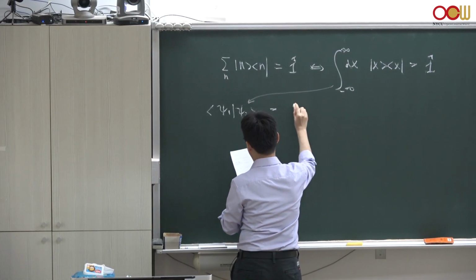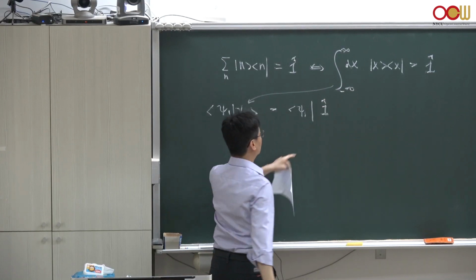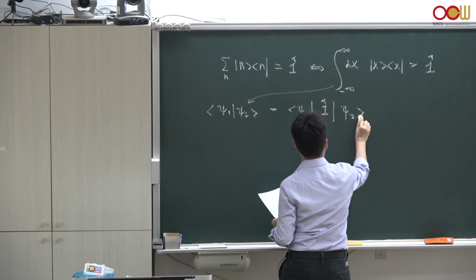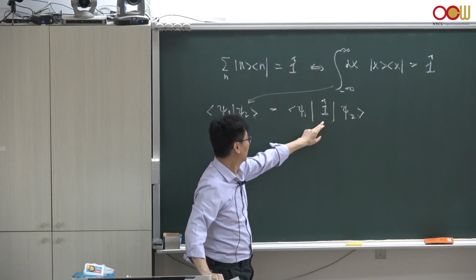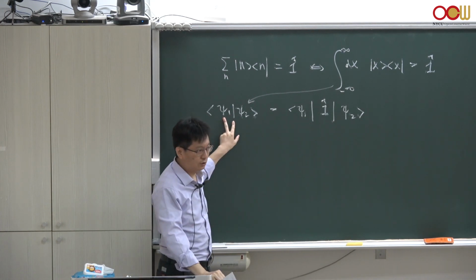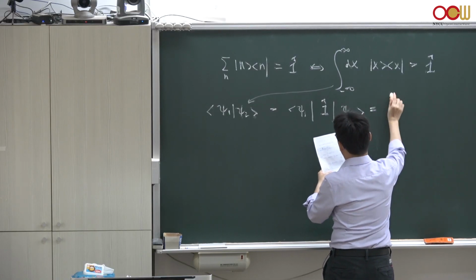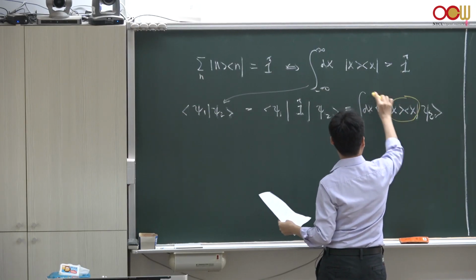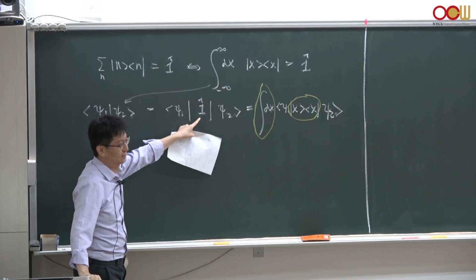Okay, because this unit operator can be inserted any place I like, I like to insert it in the middle between psi 1 and psi 2, and I simply plug in this definition. So I can plug it in wherever I want, whenever I like.